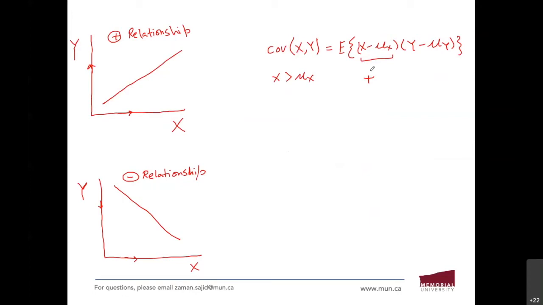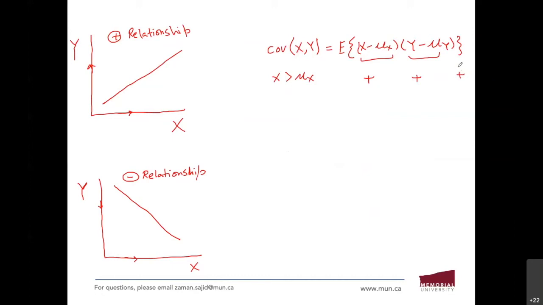And because y is changing with respect to x due to the relationship, this y will be higher than mu of y as well. So I will get a positive number here again. When I multiply a positive number by a positive number, my outcome is going to be positive.